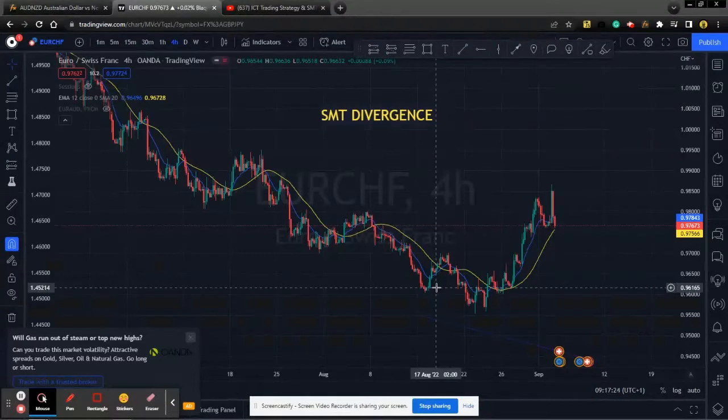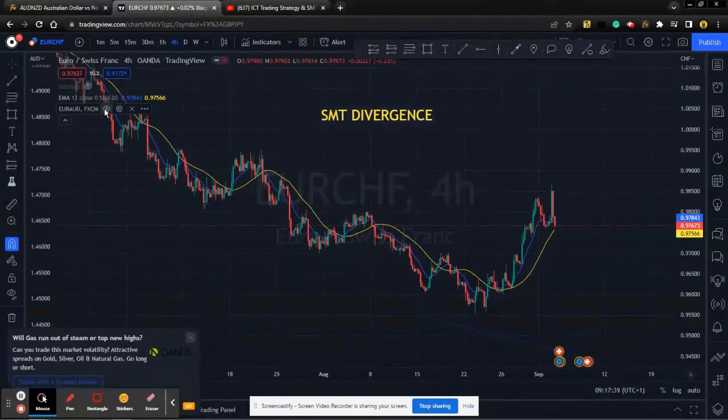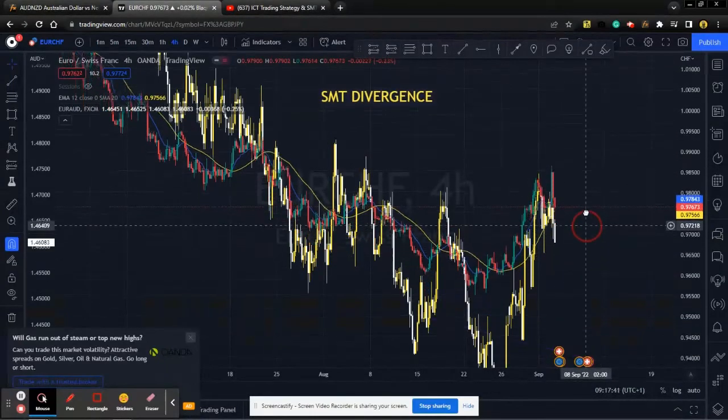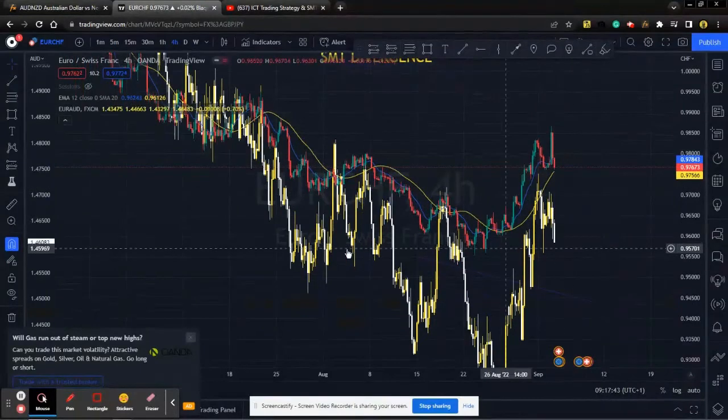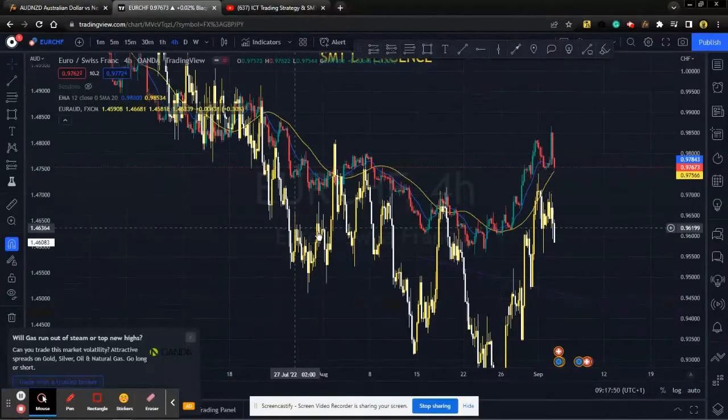But the first pair that I'm going to look at is Euro CHF. Euro CHF is very positively correlated with Euro AUD. A good example is this market. As we know, Euro is weak, but on Friday this market made a divergence.